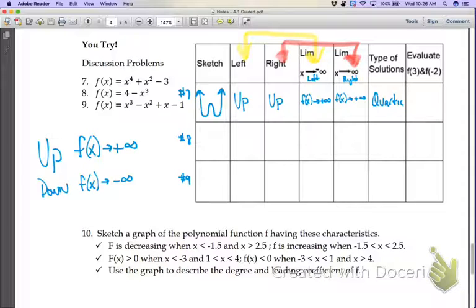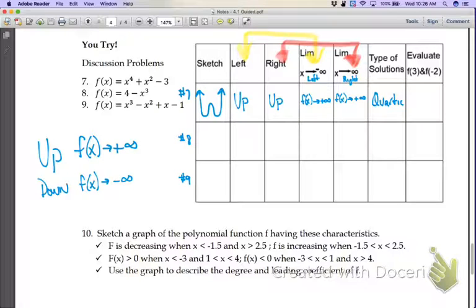Now, whenever it says to evaluate, all that means is just plug and chug. I'm going to plug in 3 to x to the 4th plus x squared minus 3. Basically, I'm going to plug in positive 3 and negative 2.